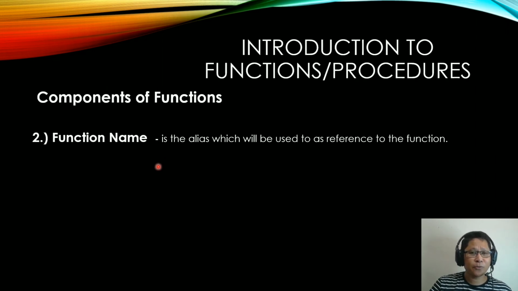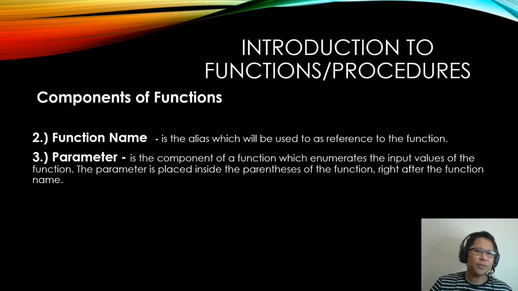The function name is the alias which will be used as a reference to the function. Number three is the parameter. We all know this from the previous discussion. It is the component of a function which enumerates the input values of the function.